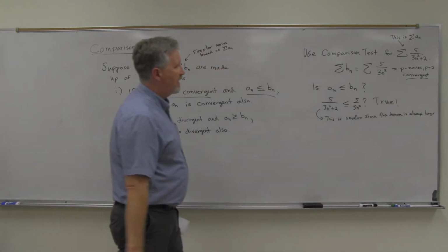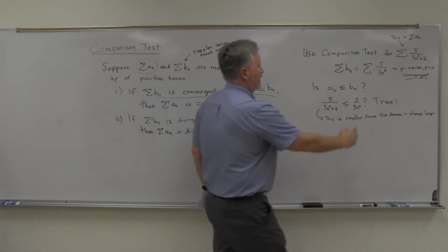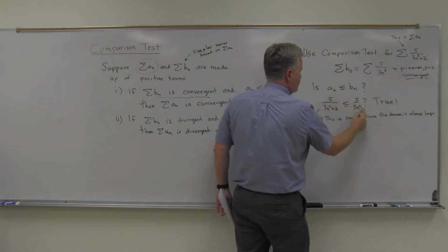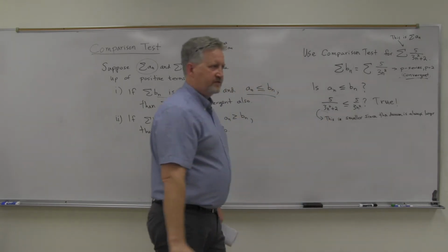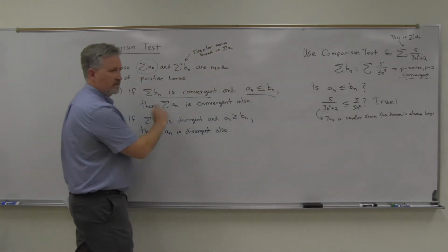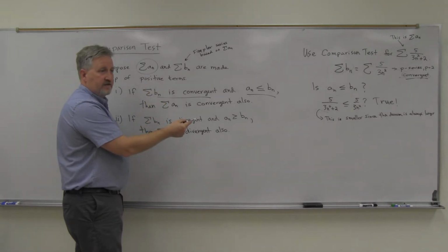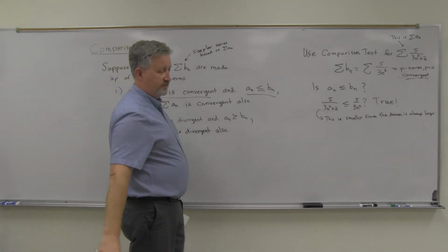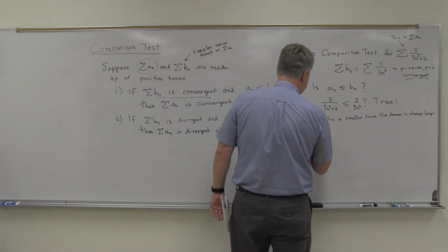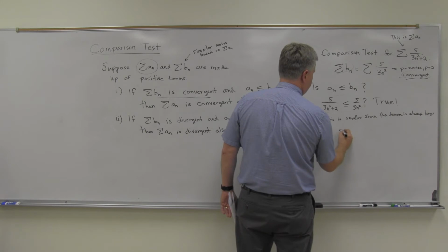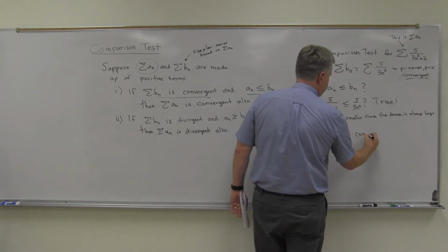All right, so we've got what we need, don't we? We've got B sub n is convergent. We've got A sub n is less than or equal to B sub n. And so what's the conclusion? Well, A sub n's got to be convergent like B sub n. So our series of the A sub n converges by the comparison test.